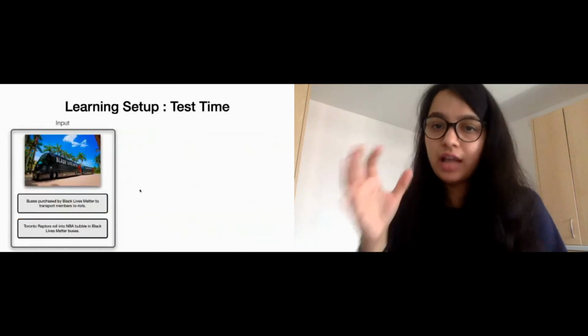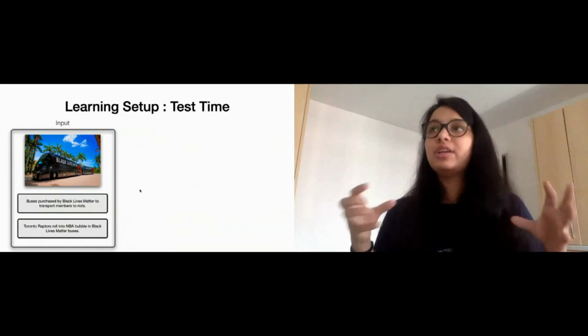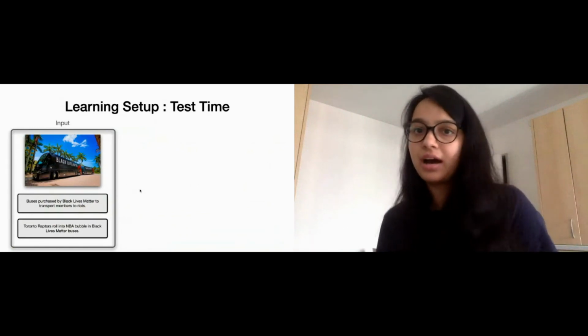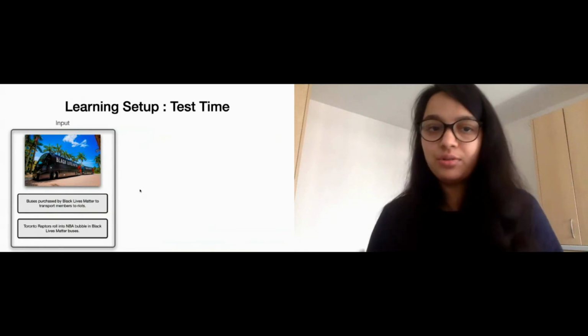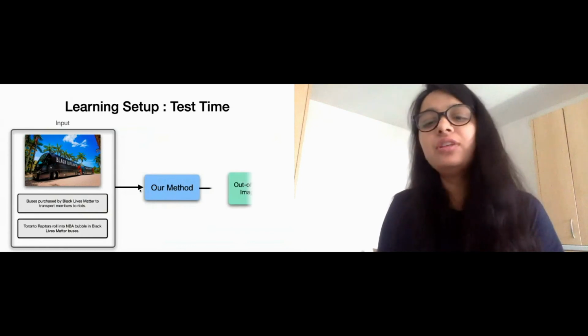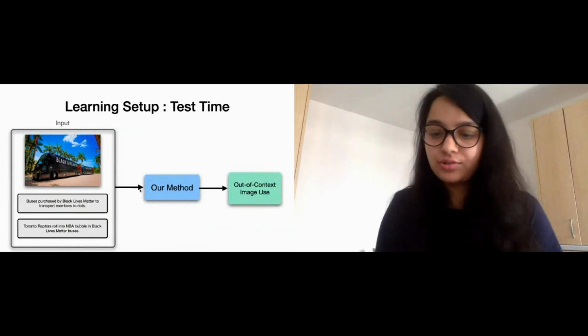So now, once we have identified which objects the captions are talking about, we develop our testing strategy. What we do is take the image and both of these captions, pass them through the model, and detect out of context use of images.